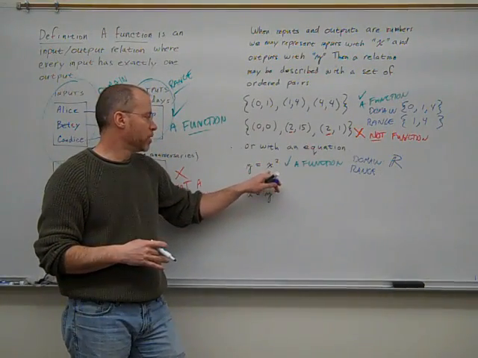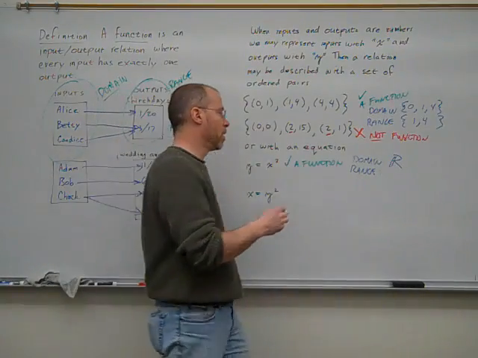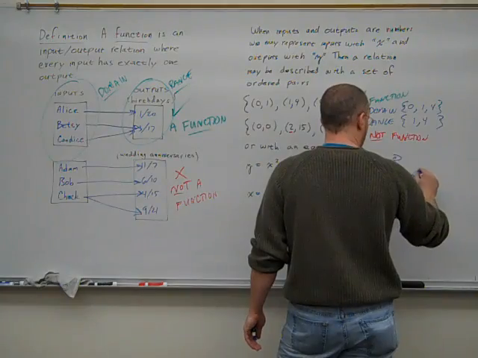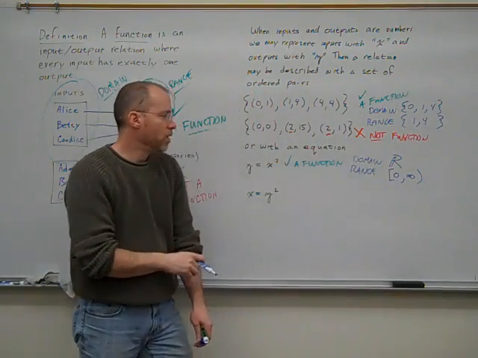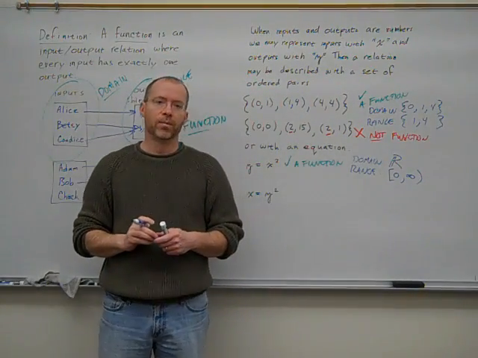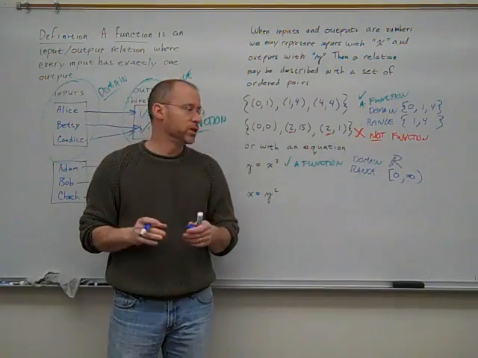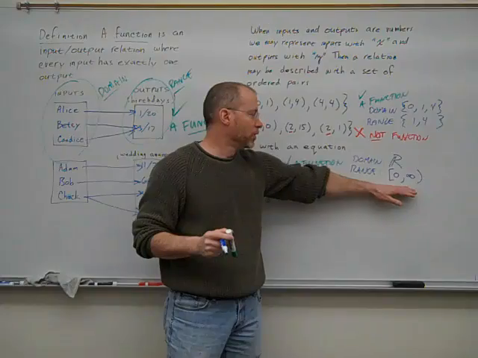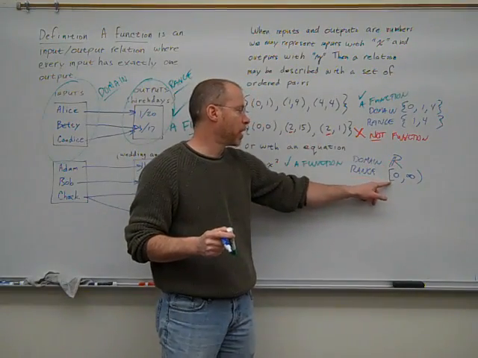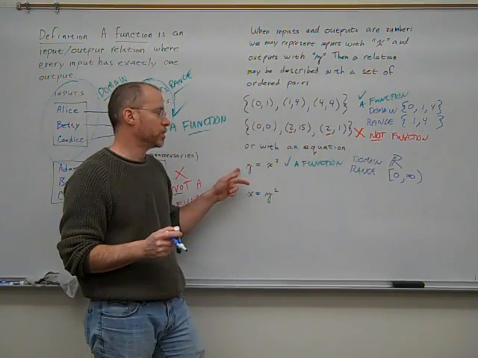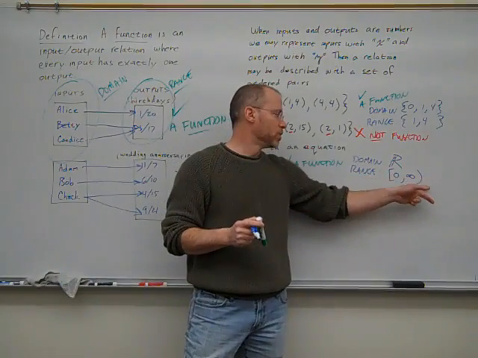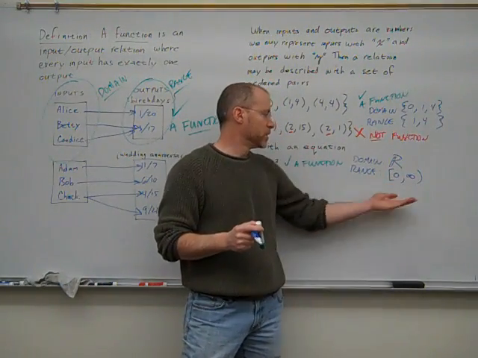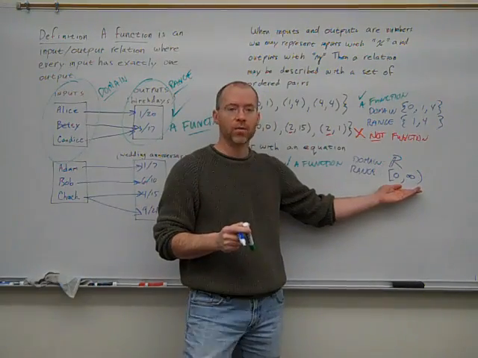I guess if I input 0 I can get an output of 0, so the range here expressed in interval notation would be all the real numbers from 0 to infinity, including 0. Following rules of interval notation here, I'm going to use a square bracket with 0 because that is one of the outputs I can get, and I'm always going to use the round parenthesis with positive or negative infinity. So this is just a way of describing the non-negative real numbers.